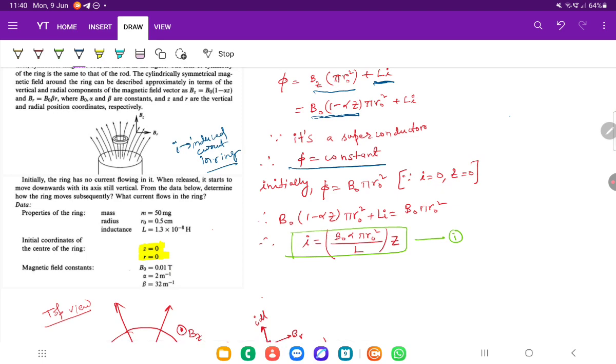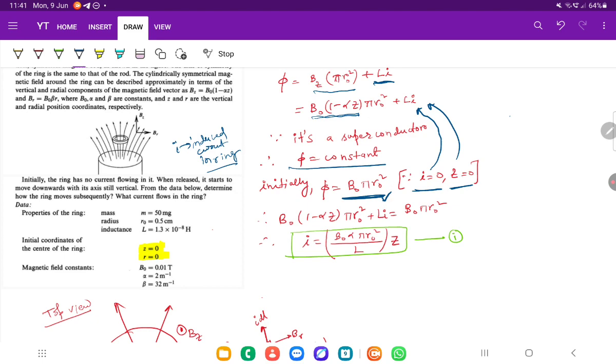We'll need some known value of flux at any point of time, so that we can equate it to the flux at any time. So I'm just taking the initial value. Initially I was 0, that means the induced current was 0, and the Z coordinate was also 0 as given. So putting Z equals 0 and I equals 0, we get phi as B naught pi R naught square, and this is the constant value, which will remain throughout the process.